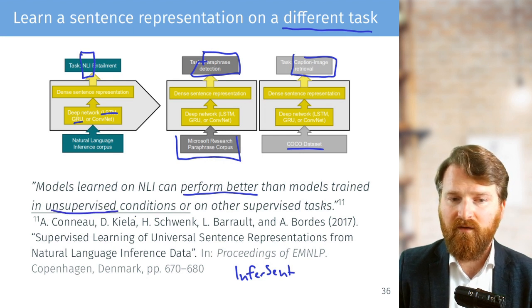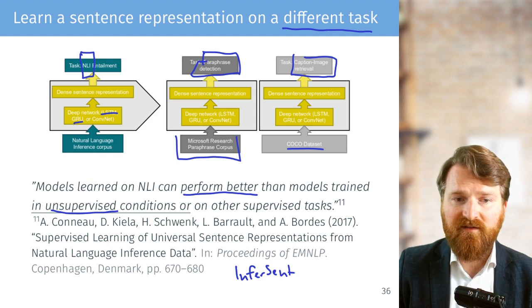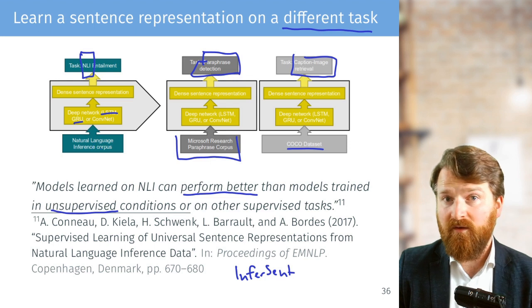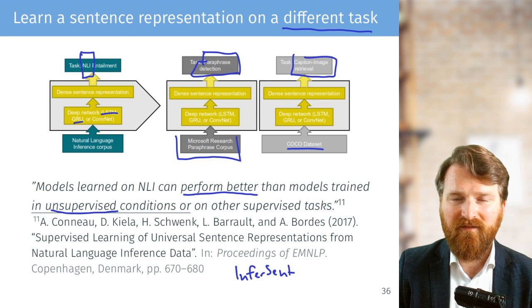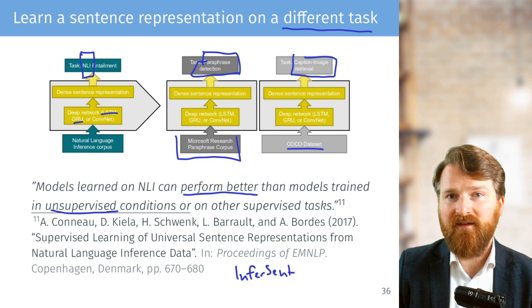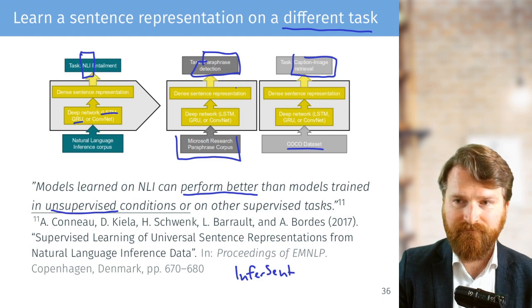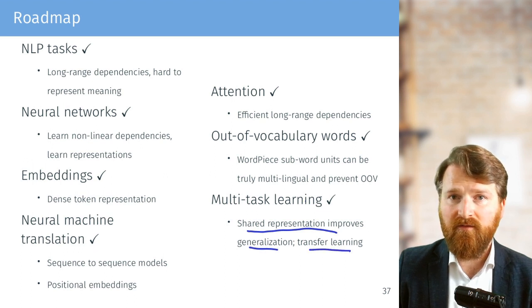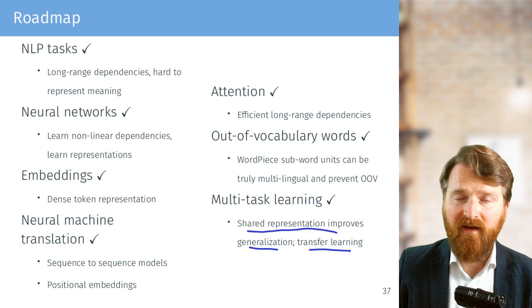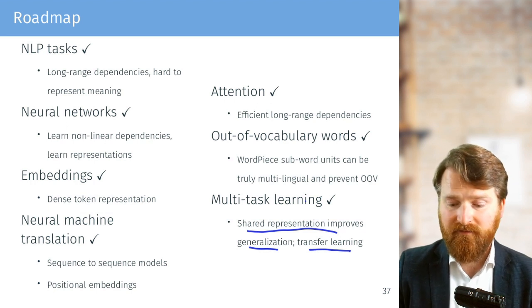So there were other approaches before this InferSent paper that tried to learn some representation in an unsupervised way, something like word2vec, but on sentences. And they show training on some meaningful task like inference is actually helpful for the other tasks. So they transfer the learned representation. Which finishes our short recap of multitask learning. And we know that shared representation improves generalization, and then we can use transfer learning to learn on one task and fine-tune or co-learn on another task.